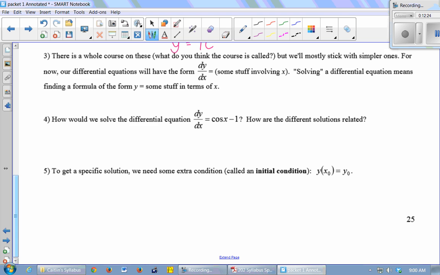Yeah, take the antiderivative or the integral, right? So I would take an antiderivative of cosine of x minus 1. What's the antiderivative of cosine x?